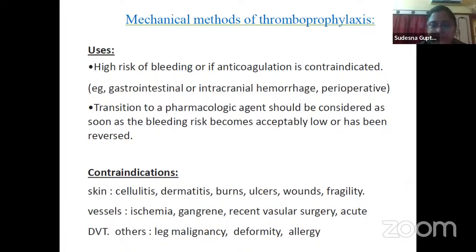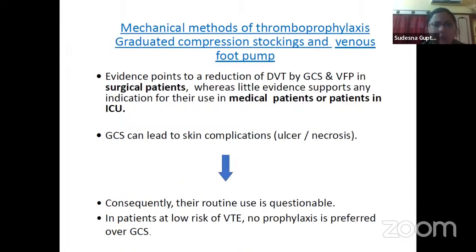Contraindications are cellulitis, dermatitis, burns, ulcers, wounds, fragile vessels, ischemia, and gangrene, among others. How do they work? Evidence points to a reduction of DVT by compression stockings and venous pumps in surgical patients, whereas little evidence has been found in medical patients.